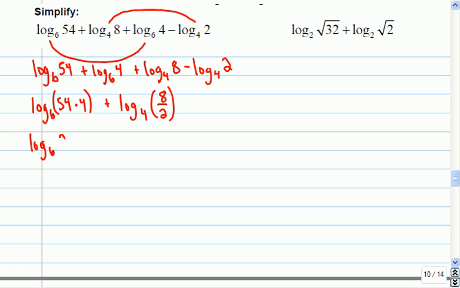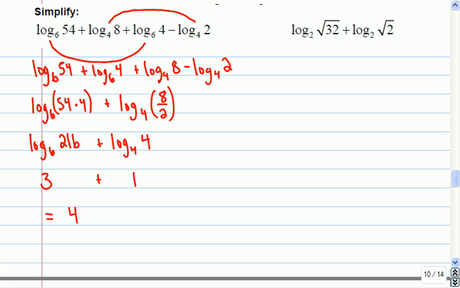This will be the log base 6 of 216 plus the log base 4 of 4. So let's see here. This should be the third exponent of 6. 6 cubed is 216. And this would be the first exponent. So it is possible to figure this one out.